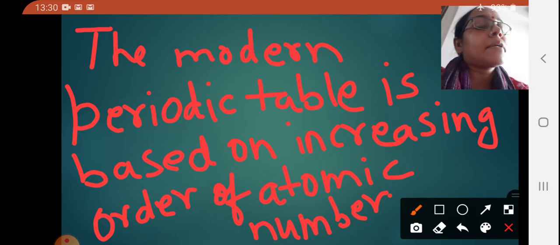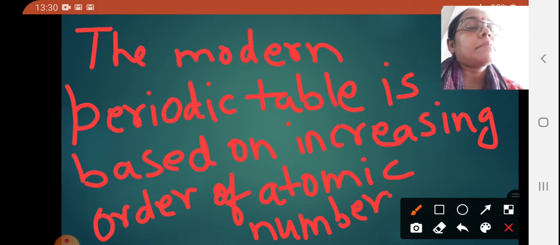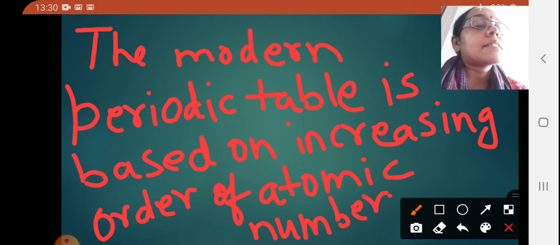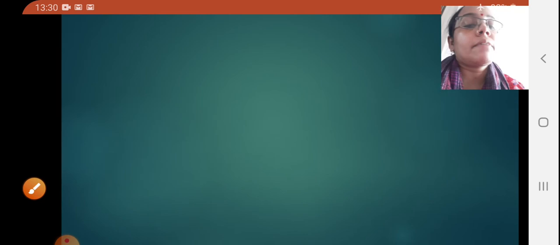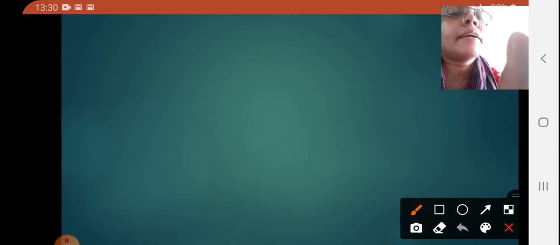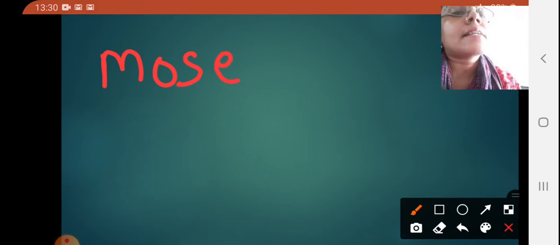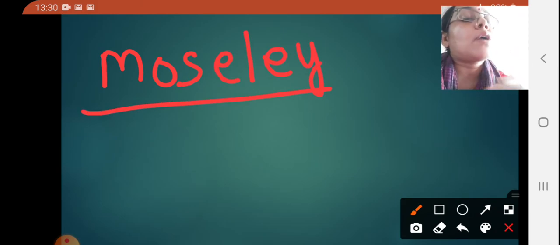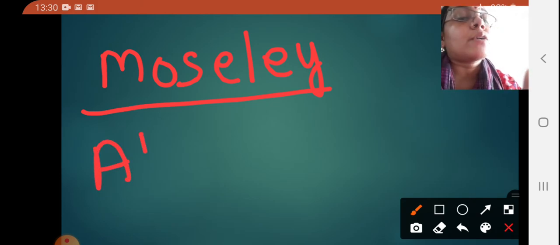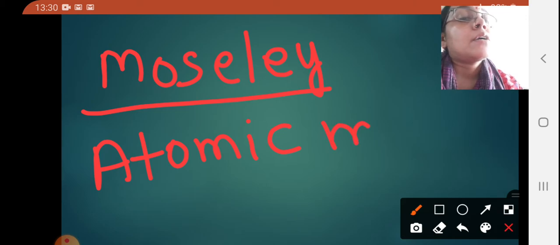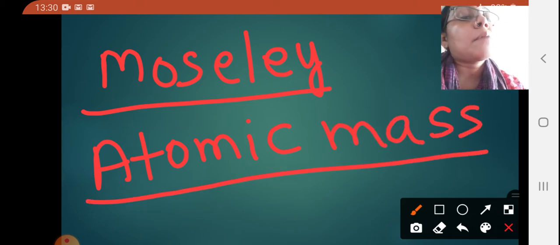Rest all the periodic tables were given by other scientists. This modern periodic table was given by Moseley. Other scientists have also given their periodic tables, but those were based on atomic mass, so they had many drawbacks.